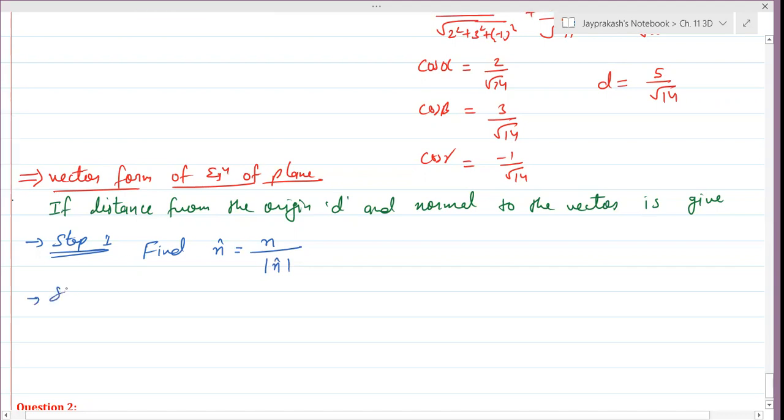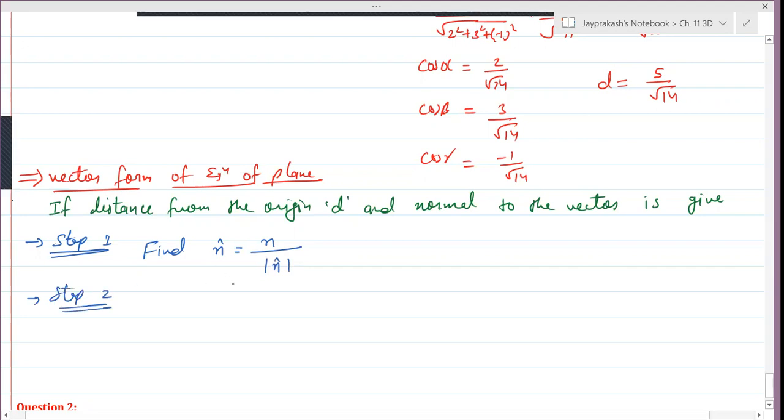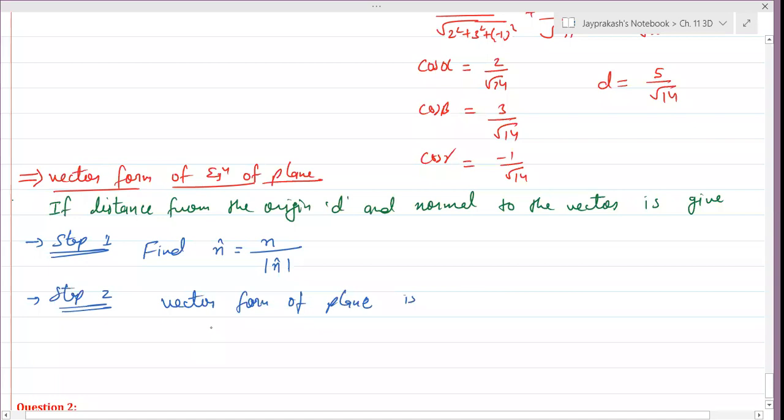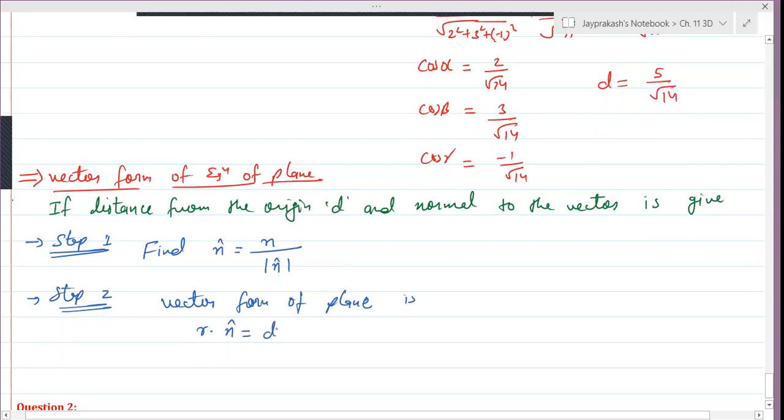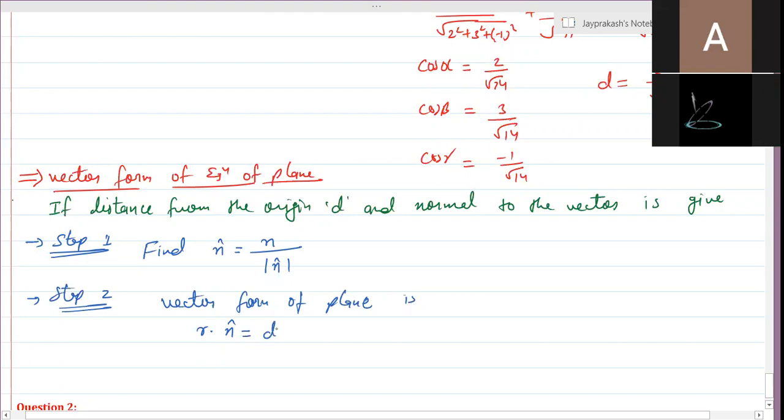Then in step number 2, we will directly write that the vector form of plane is r dot unit vector, the dot product with the unit vector, equals the distance of the plane from the origin, that is d.